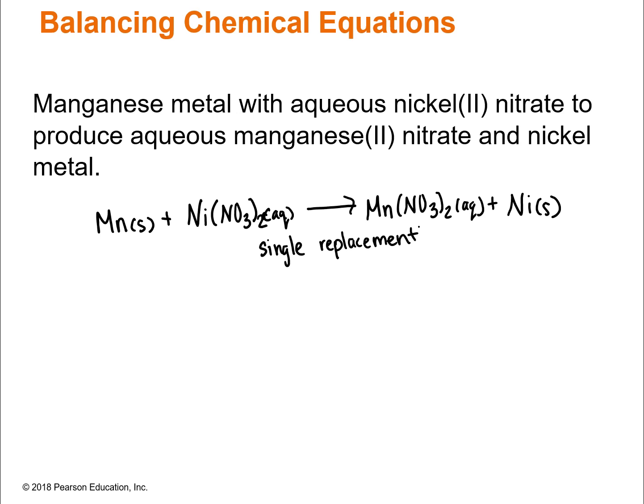Now that we've got our chemical equation, the first thing you do is take a tally of how many atoms of each element you have on both sides. I use an R for reactants and P for products, and I make a chart.